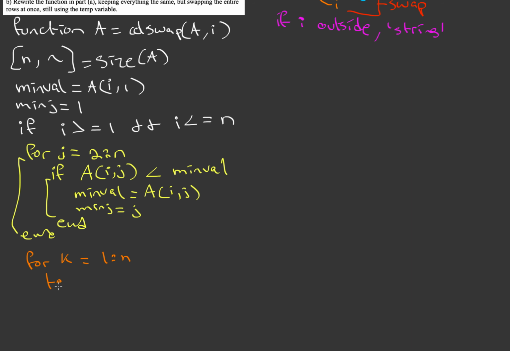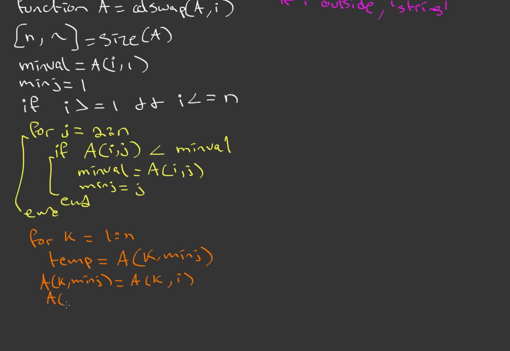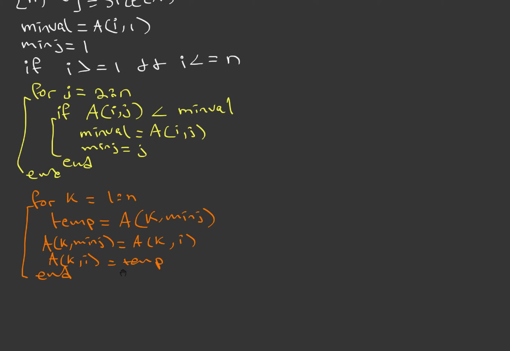We're going to create a temporary variable, and this is going to store A of row k and column min j. Then we're going to set this element equal to A of the same row but in column I. And then we're going to do the same thing over again, but setting that back to our temporary variable. And then we just end it right there. So that's our swapping.